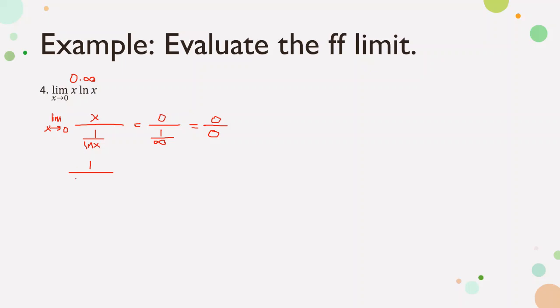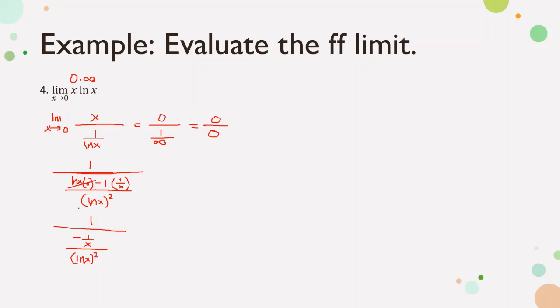So we have ln x times the derivative of 1, which is just 0, minus 1 times the derivative of ln x, which is 1 over x, all over the square of our ln x. So we have ln x squared. Now this would be cancelled. So this would be equal to 1 all over negative 1 over x all over ln x squared.